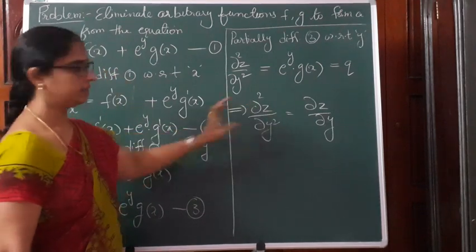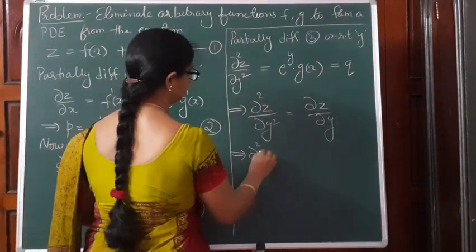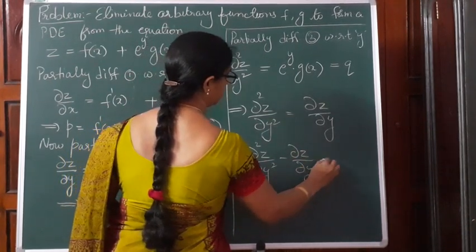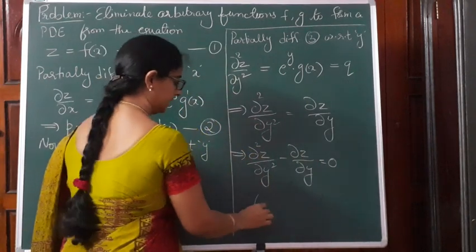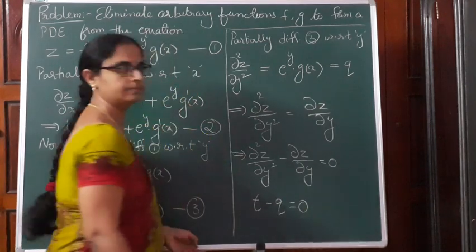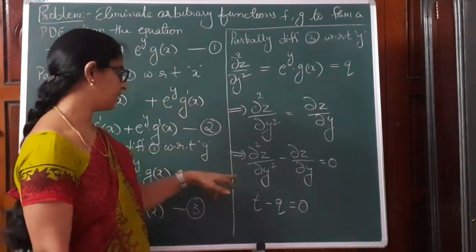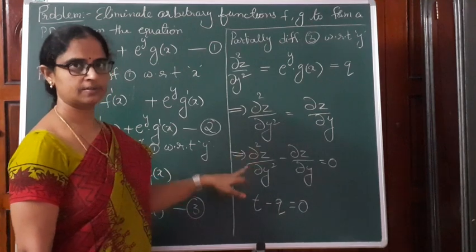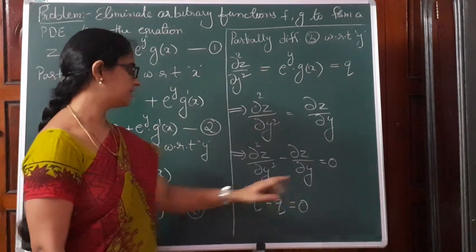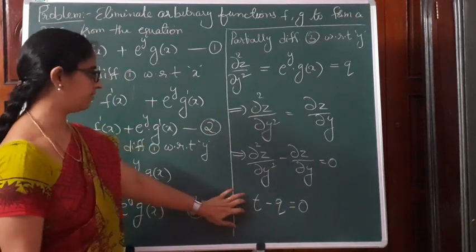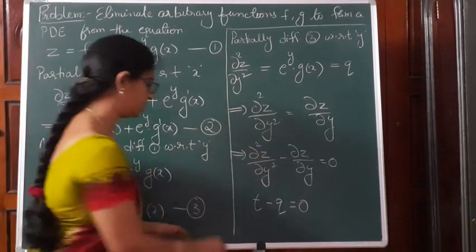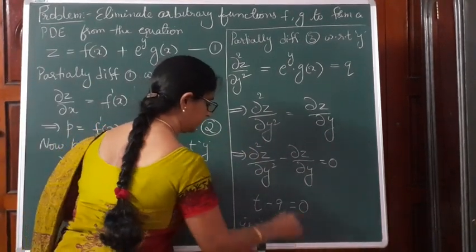That is dou square z by dou y square minus dou z by dou y is equal to 0, or t minus q is equal to 0. r is dou square z by dou x square, s is dou square z by dou x dou y, t is dou square z by dou y square. t minus q is equal to 0 is the required partial differential equation because we have eliminated both the functions f and g. This is the required PDE.